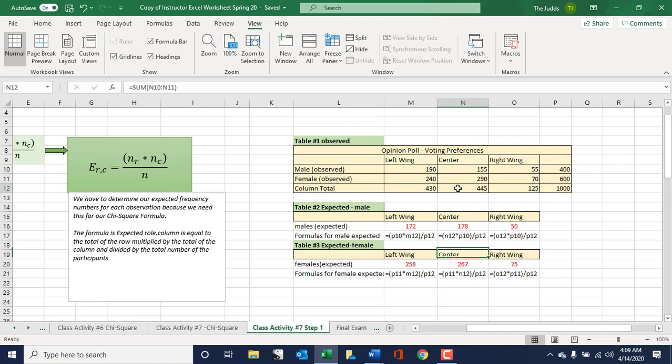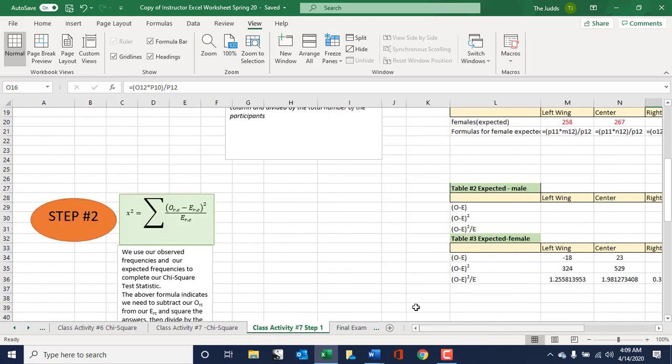For center, we've got the total column 445, multiplied by the 600 and then divided by the 1,000. You do the same thing, and now you've obtained your expected 258, expected 267, expected 75. So you have obtained what you would expect if your null hypothesis was true.